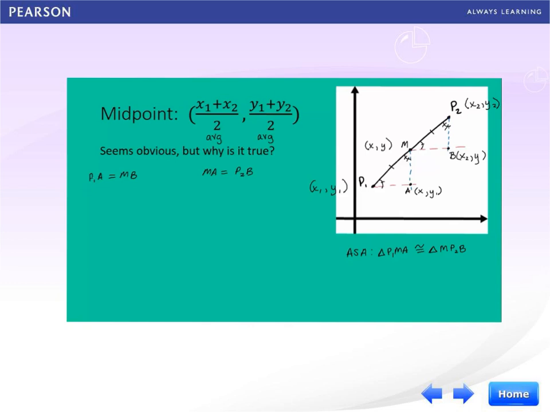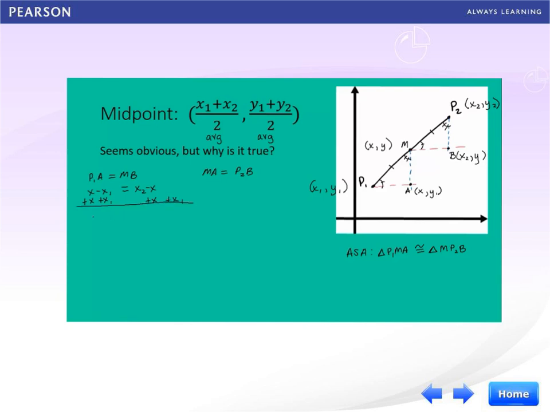The distance from P1 to A would be x minus x1, since they're arranged in a horizontal line. And the distance from M to B would be x2 minus x. Now let's solve for x, since that's the coordinate of the midpoint. I'm going to move all my x's to the left and move my x1 over to here.